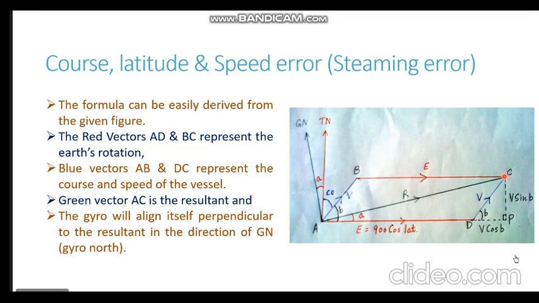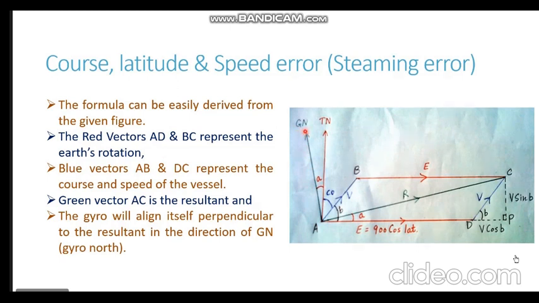The principle or the arrangement which we have made will make the gyro point in a direction perpendicular to the direction where it is being taken. So it is being taken in the direction of AC. Because of the arrangement, it starts pointing perpendicular to this particular direction. So perpendicular to our resultant AC is this vector which is representing GN.